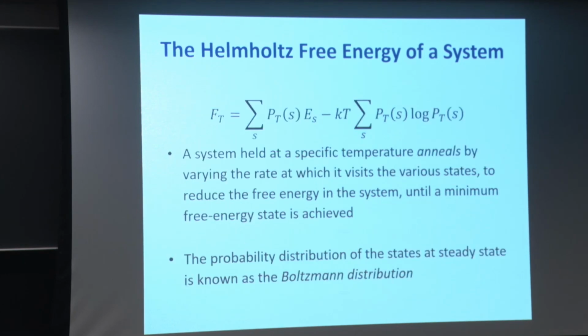So what will happen? If I set the system at some fixed temperature T, it's going to work its way down such that it keeps revisiting the states. It's going to keep bouncing around between the various states until it arrives at a probability distribution over states which has the minimum free energy for the system.